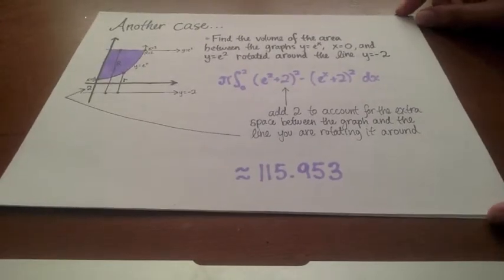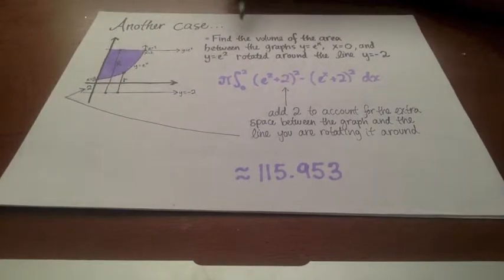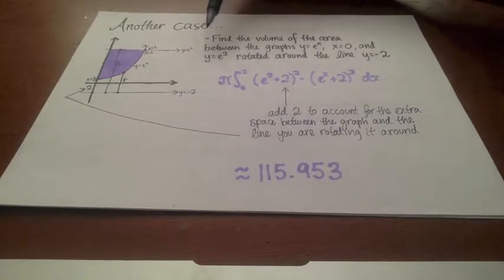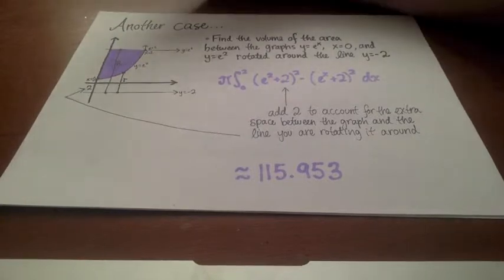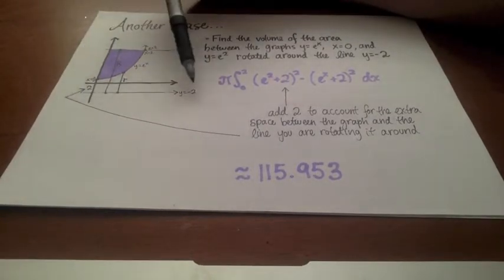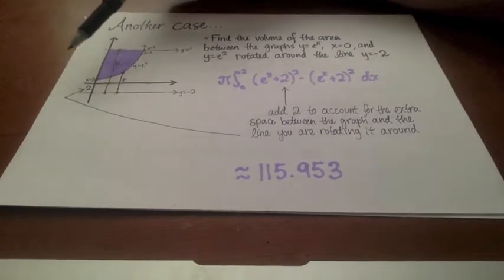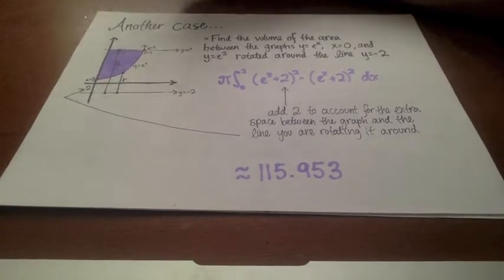So another case, we'd find the volume of the area between the graphs y equals e to the x, y equals 0, and y equals e squared, and rotate that around the line y equals negative 2. Now what changed here is the axis we are rotating it around. We're not rotating around the y-axis or x-axis.